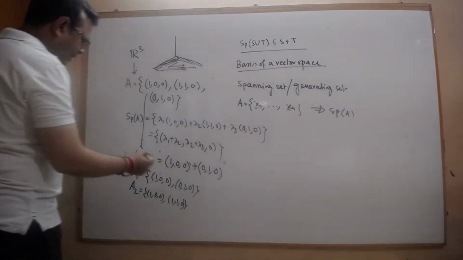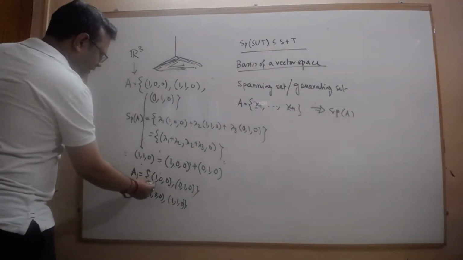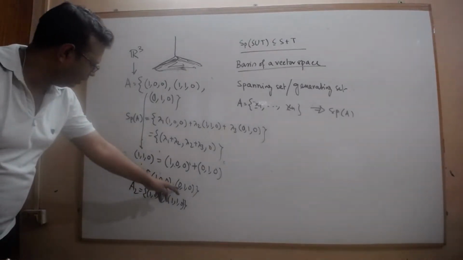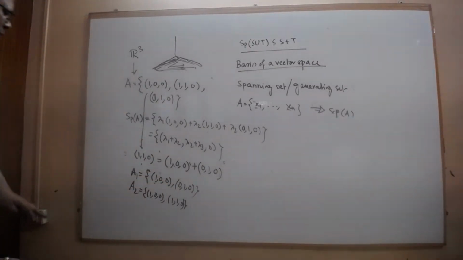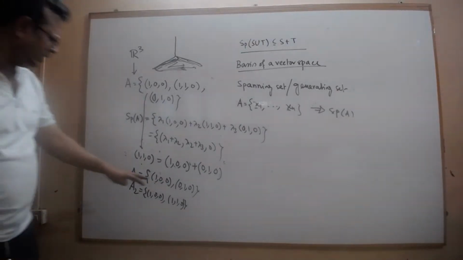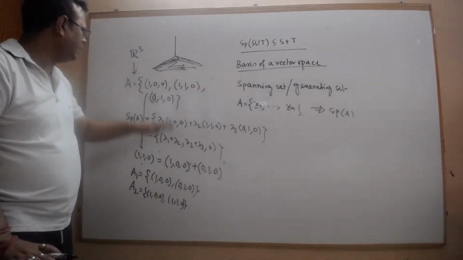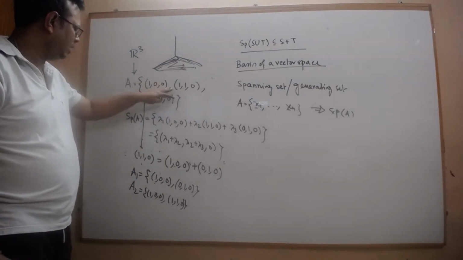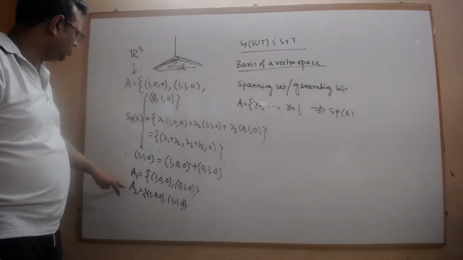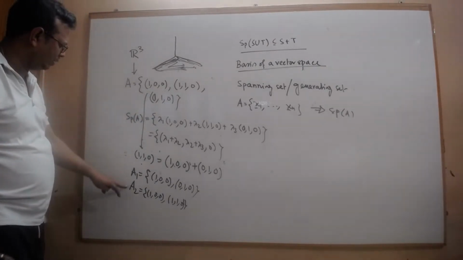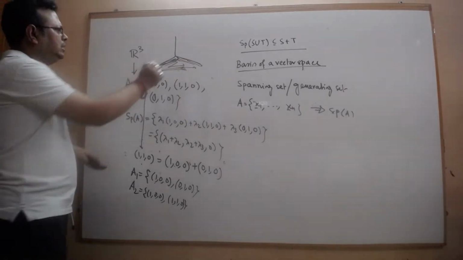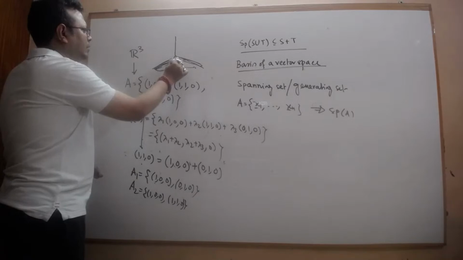In that situation, you see that this vector cannot be written as a linear combination of the other vector. Hence, these two vectors are independent. In this case the first set is not independent, but in all three situations, all three sets are generating sets of this vector space.